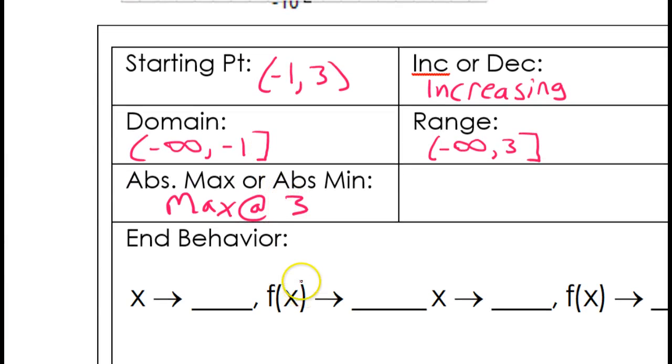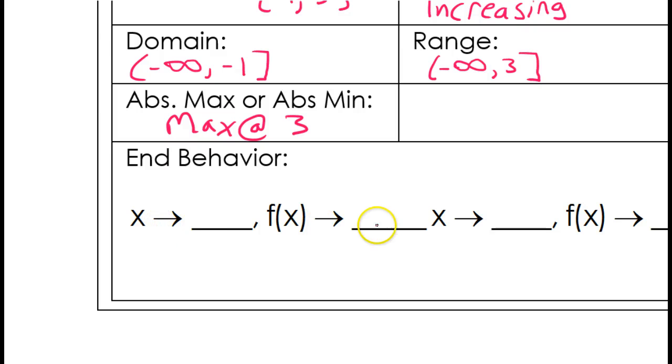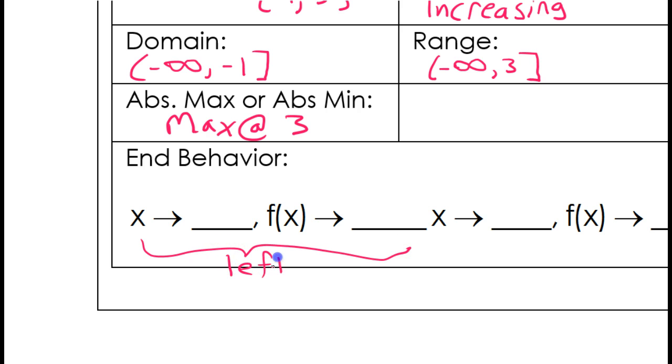All right, anything else? The end behavior. When we talk about end behavior, we talk about what's happening on the left side of the graph, and then what's happening on the right hand side of the graph. So first let's look on the left hand side.